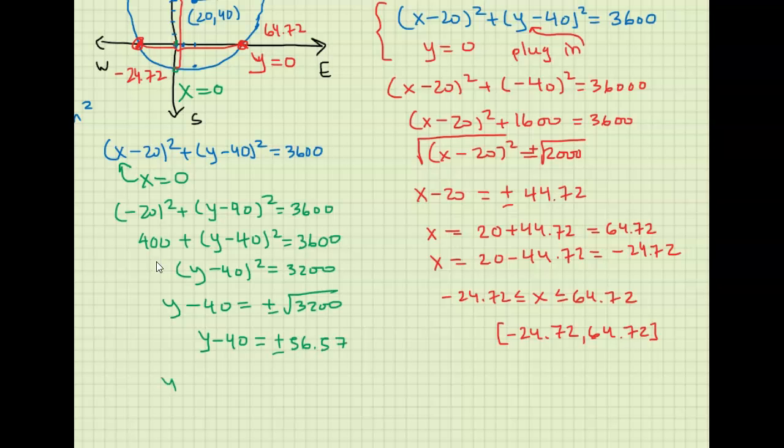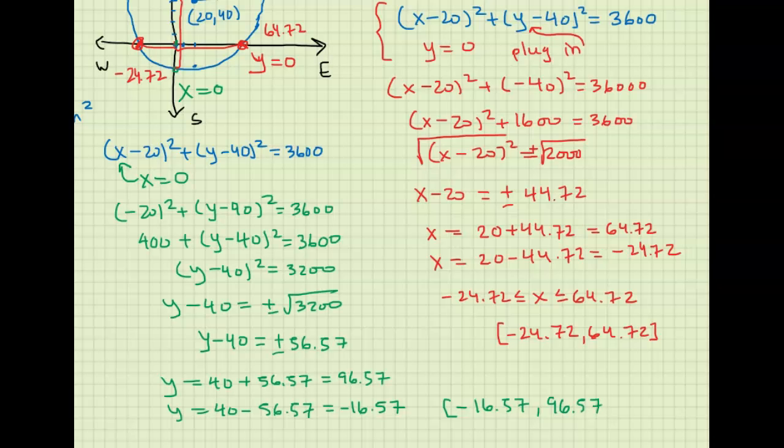Add 40 to both sides, we get y is 40 plus 56.57, which is 96.57, or y is 40 minus 56.57, which is negative 16.57. So the portion of the y-axis that's illuminated is in the interval from negative 16.57 to 96.57.